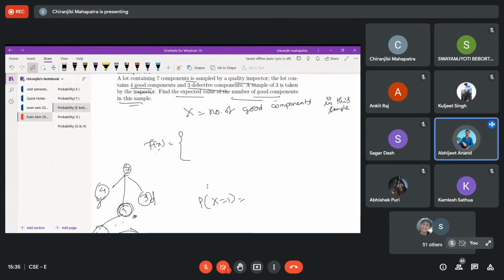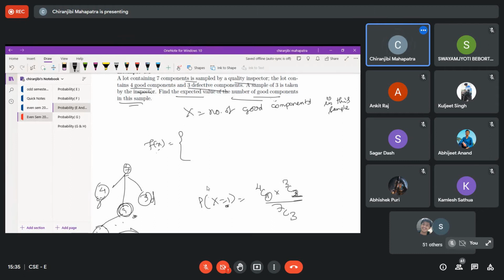4C1 into 3C2 divided by 7C3. Yeah, correct. Because we are taking only one good component. So that means out of these 4, in how many ways you can choose one element.